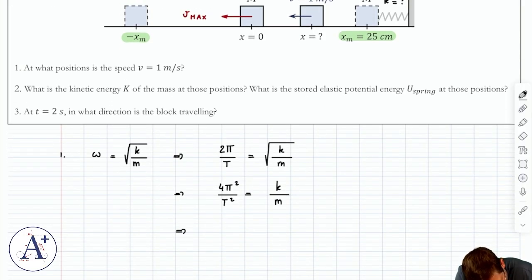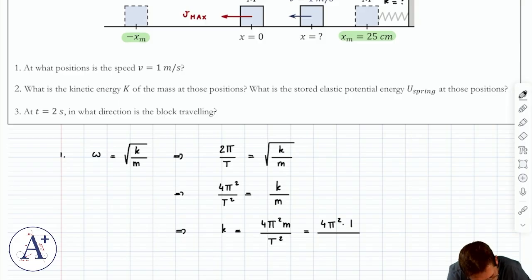Thus, finally, k is equal to 4 pi squared m divided by T squared, which is 4 pi squared multiplied by a mass of 1 divided by 1.5 squared, and that is approximately 17.54 Newton per meter.